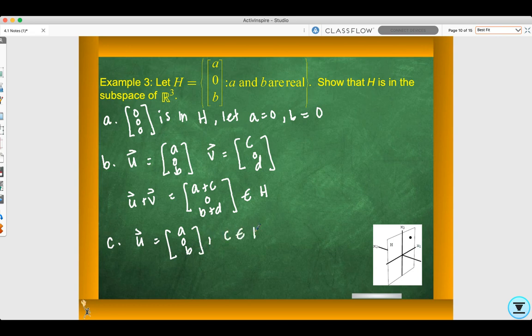We're letting c be an element of the real numbers. So cu equals (ca, 0, cb), which is in H.